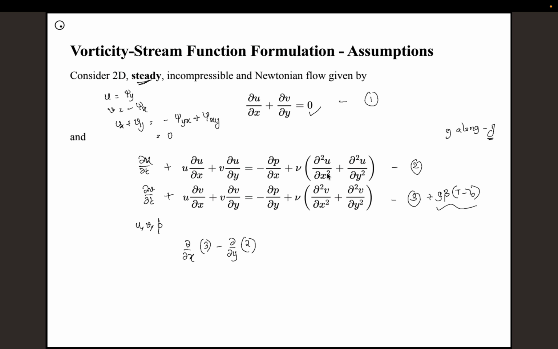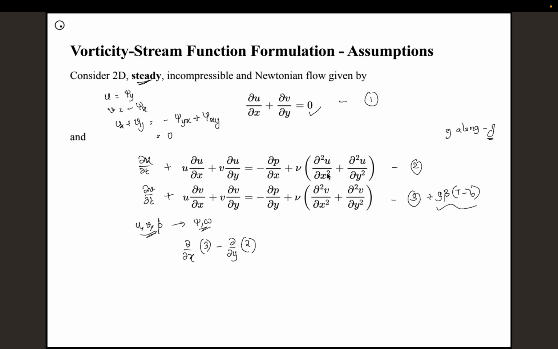So we restrict ourselves to steady flows, and then comes the incompressible, where we use del u del x plus del v del y equal to 0. Newtonian flow, where accordingly comes the momentum equations. So all we do here is we transform this 3-variable problem into a 2-variable problem. So instead of solving 3 equations, we will be solving 2 equations.